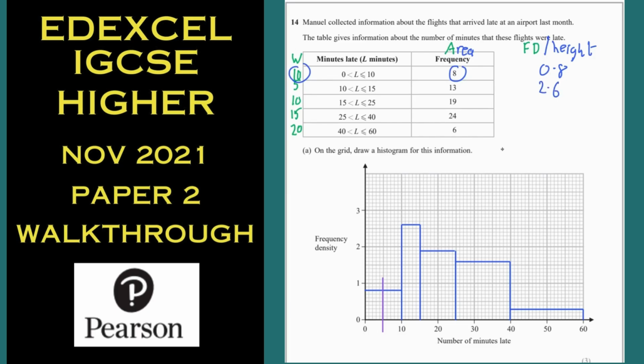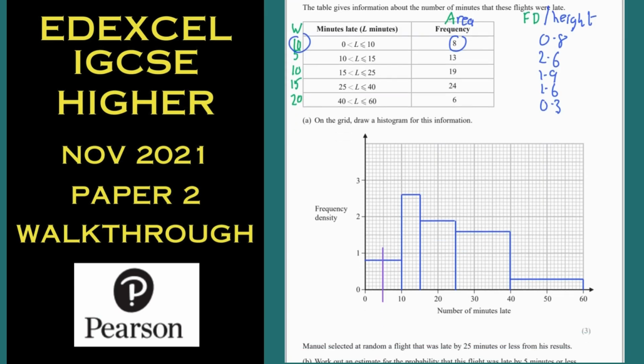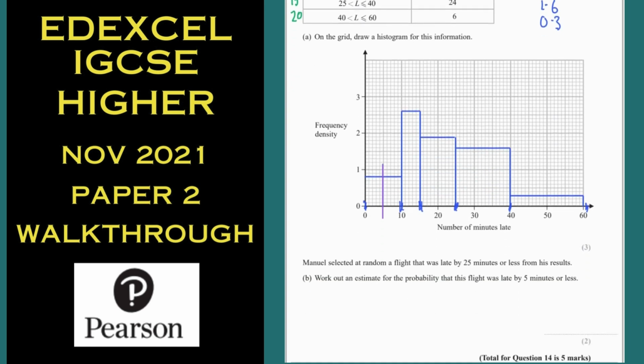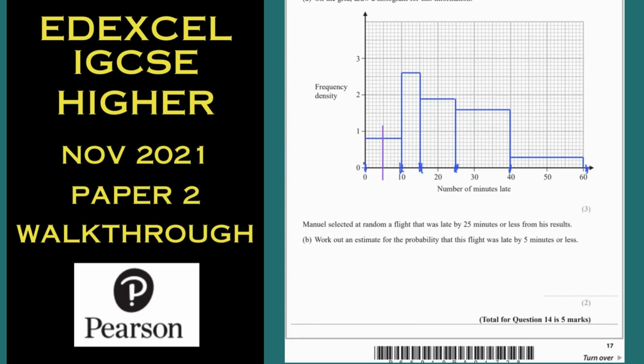Track on with that on your calc. 1.9, 1.6, 0.3. And when I'm drawing them, I always put notches first for the widths before I then start drawing in the heights one by one. Do use a ruler, it just looks so much better. Yeah, it's just better, isn't it? Have some pride.